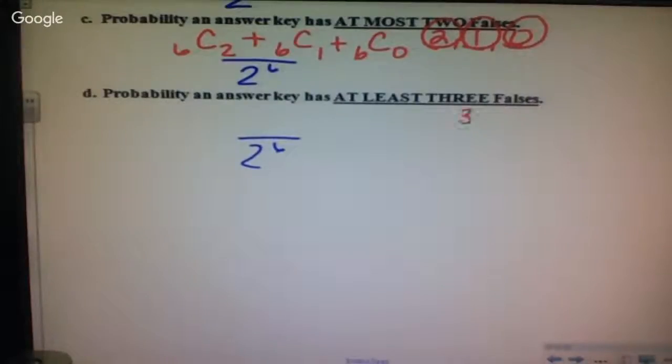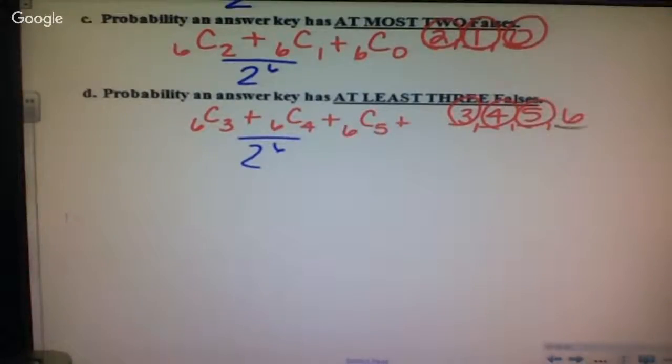So I can have 3, 4, 5, or 6. You're doing it 6 times. So again, I have to write, I want 3, or I want 4, or I want 5, or I want 6.